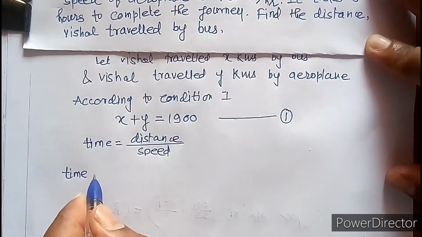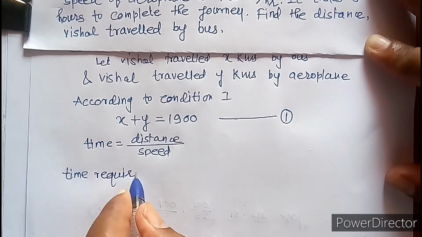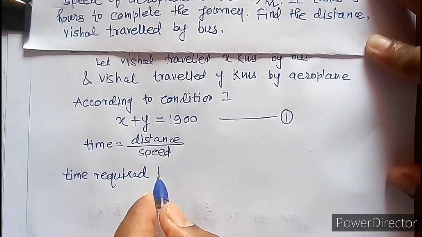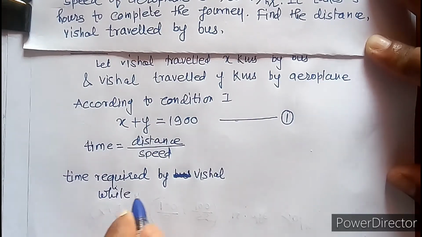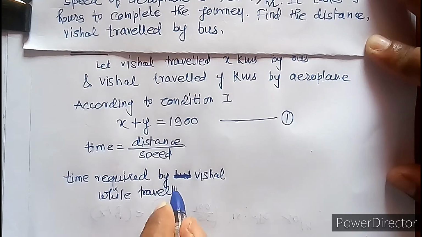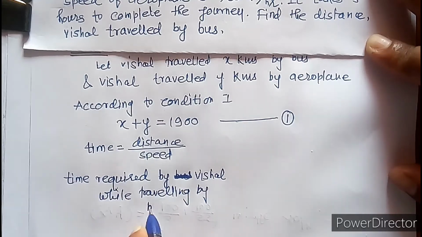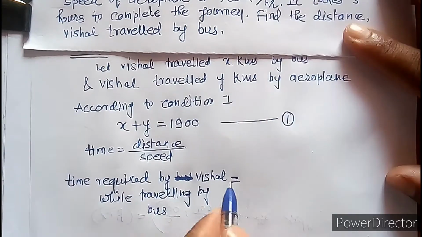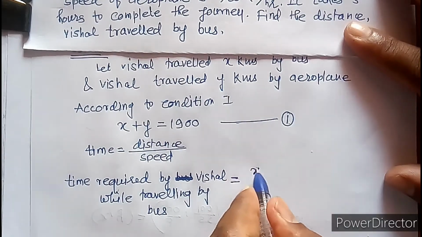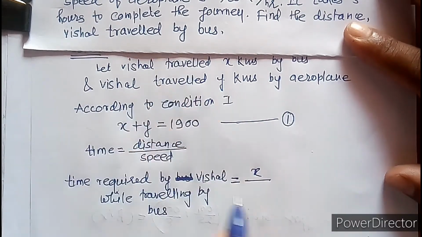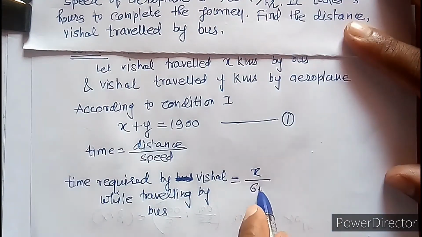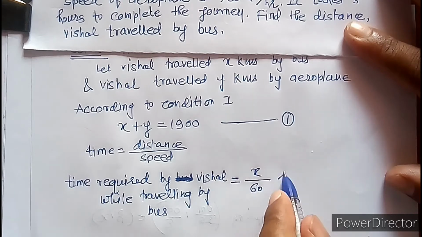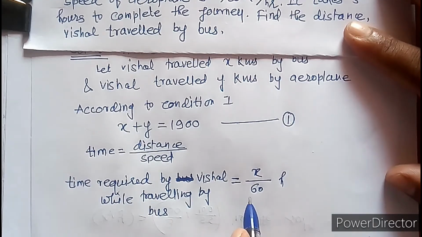Now the time required by Vishal while traveling by bus will be equal to the distance he traveled, x we assumed, divided by speed. The speed of Vishal by bus is 60 km, therefore write down here 60 per hour.